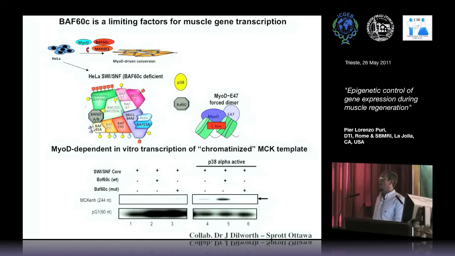If we include in the reaction BAF60C, wild type or mutant, there is no activation of transcription, unless we introduce the P38 kinase, which phosphorylates BAF60C, and this is coincident with the activation of transcription. While the phosphorylation-resistant BAF60C mutant was not able to support transcription from the SWI/SNF and MyoD-activated template.